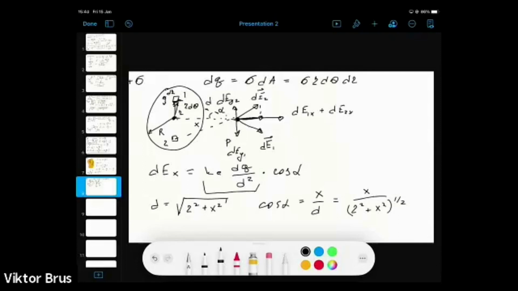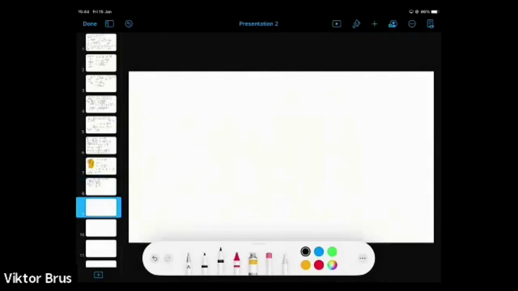Okay, we defined all these components, and now let us substitute into the equation for dEx the values for dq, d and cosine alpha. So let's do it on the next slide.